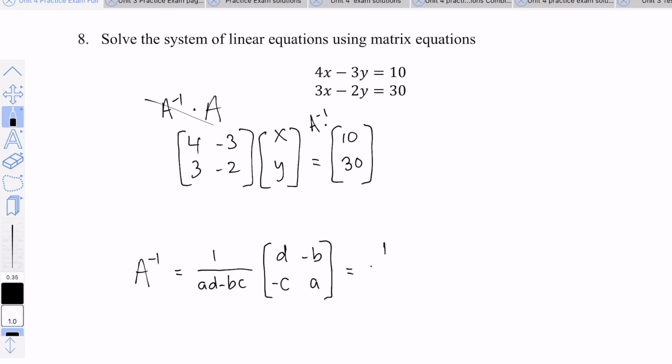So A times D is 4 times -2, that's -8. And then B times C is -3 times 3, which is -9. Then D and A switch places, so this becomes -2 and 4. This changes sign to +3, and that changes sign to -3.